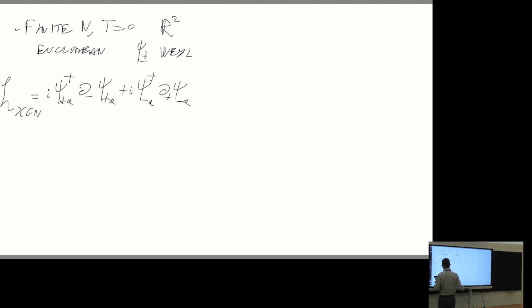A is a flavor index, runs from 1 to n. And then we have the interaction. Now I change the notation a little bit, so I call it lambda s over n. Although we are at finite n, this is a 't Hooft-like coupling, so I divide by n, so it's the very same g squared as before.